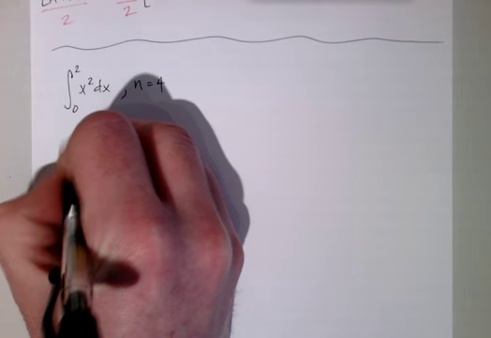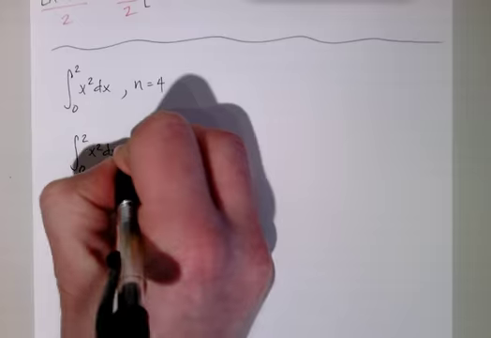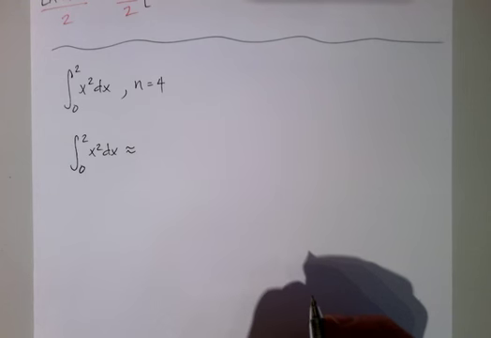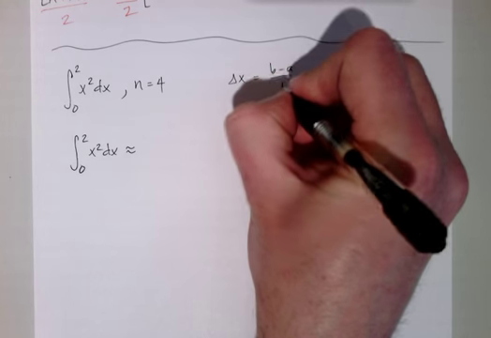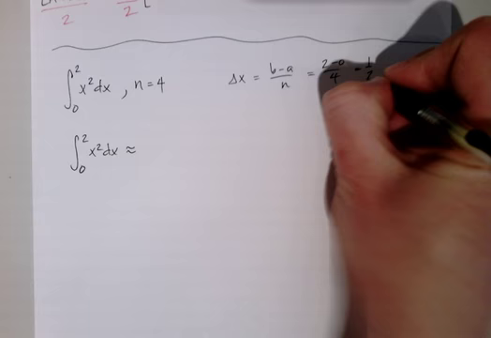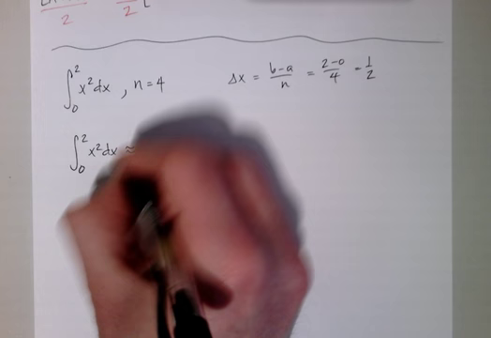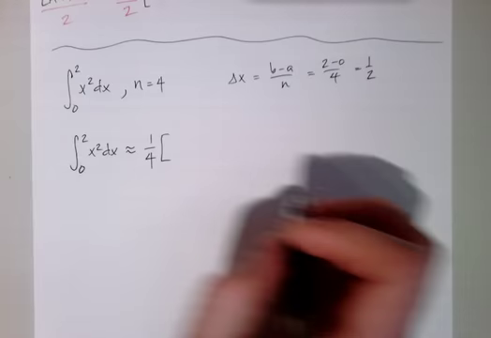So the integral from 0 to 2 of x squared dx is approximately, well, the delta x formula, remember, is b minus a over n. So in this case, it's 2 minus 0 over 4, or 1/2. But if I'm looking for delta x divided by 2, I have 1/4.